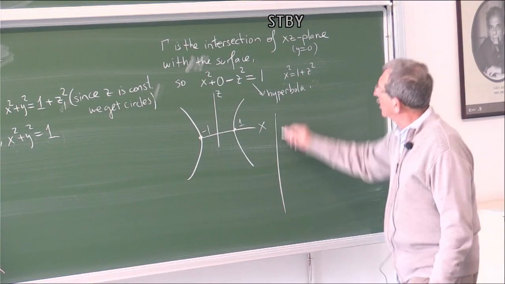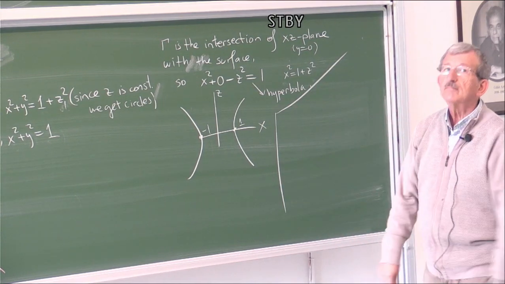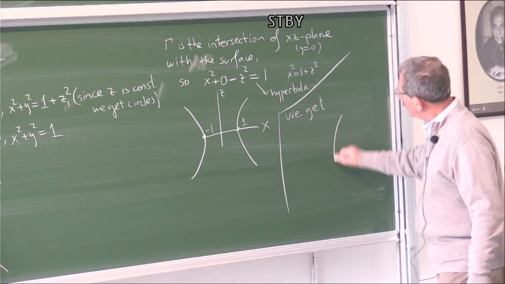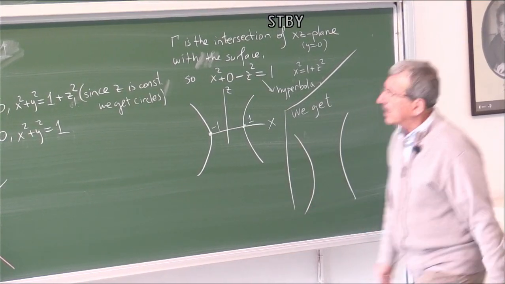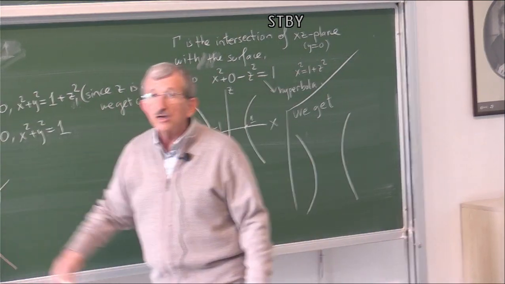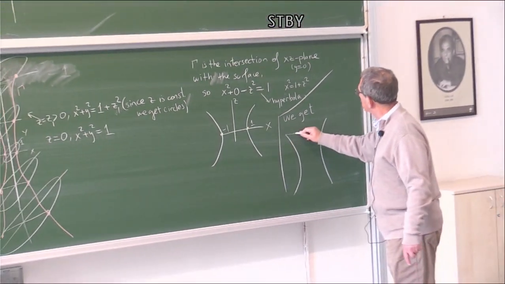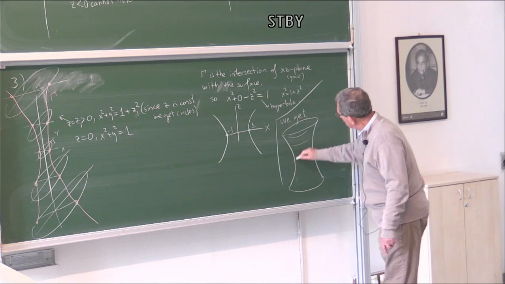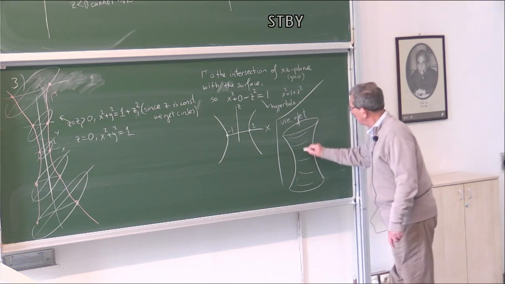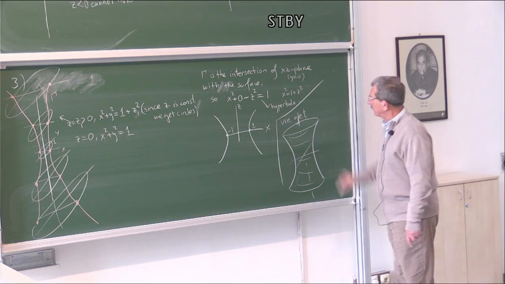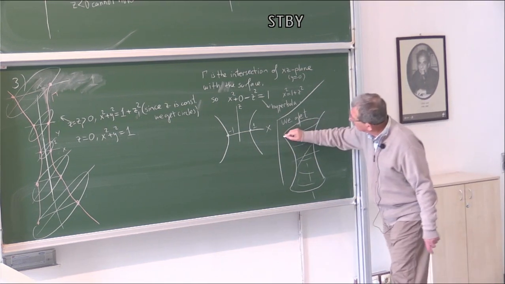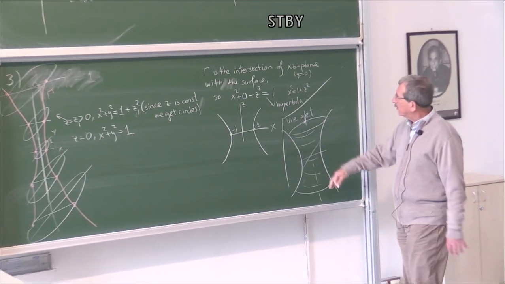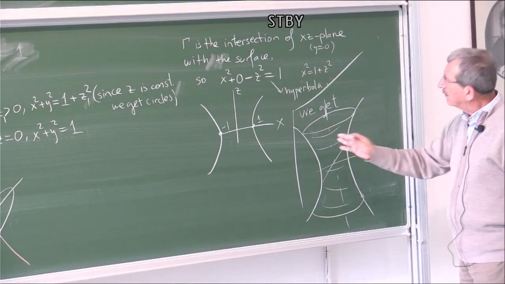So, putting them together, we get a hyperbola, and the horizontal sections are circles. So it is like this. Of course, again, it goes to infinities. It is not a finite bounded figure, but it is a rotated thing.